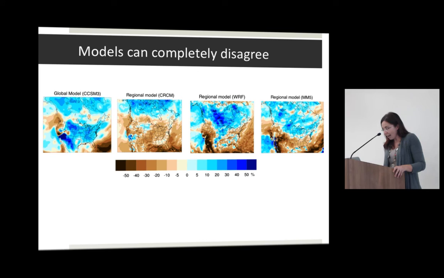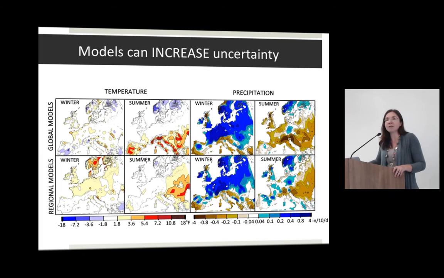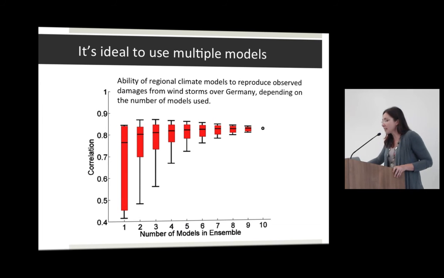So that is why, because these are physical uncertainties, it makes sense to use several of them if you can. This was a study they did in Germany, where they looked at how a regional climate model could reproduce windstorm damage, for example. How correlated were they with observed windstorm damage? And they found that the x-axis there is number of regional models.